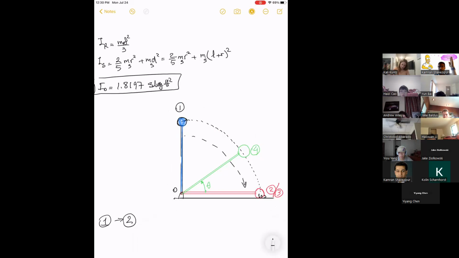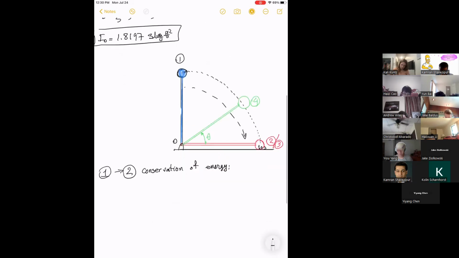When it's vertical, it has all potential energy. When it goes down and hits the ground, that potential energy turns to kinetic energy, right? We don't have any non-conservative force, which means 1 to 2 is conservation of energy, which means T1 plus V1 equals T2 plus V2.